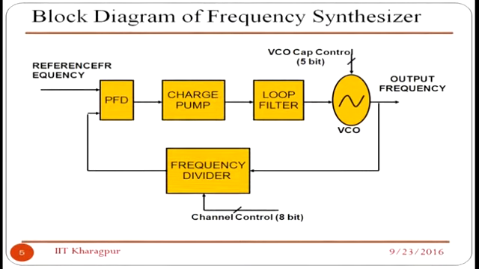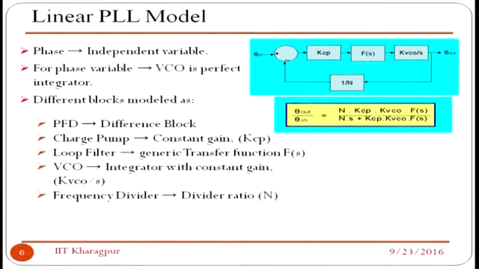So the frequency coming from the VCO is divided by a programmable divider. Essentially the function of the divider is to make the division such that the divided frequency is always equal to the reference frequency, so that the comparison can be done. That is the essential thing.